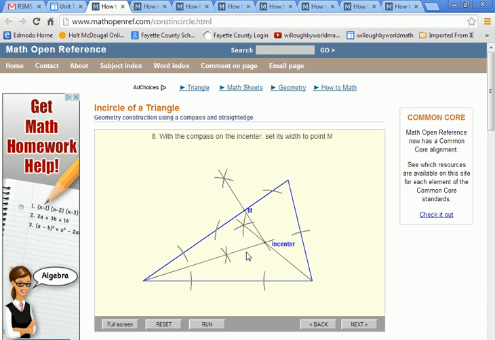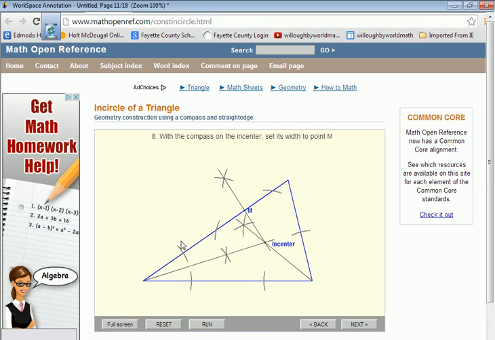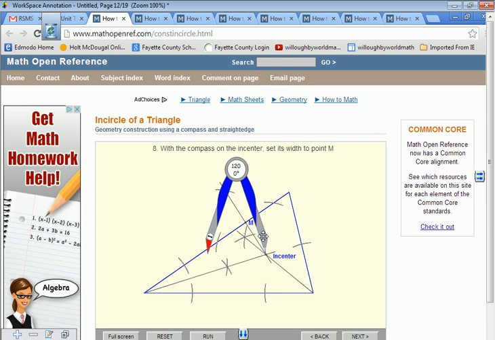From the in-center, the next thing you have to do is create this perpendicular from the in-center to a side. I'll show you with a compass. If you're watching on the video, you can't see the compass now.